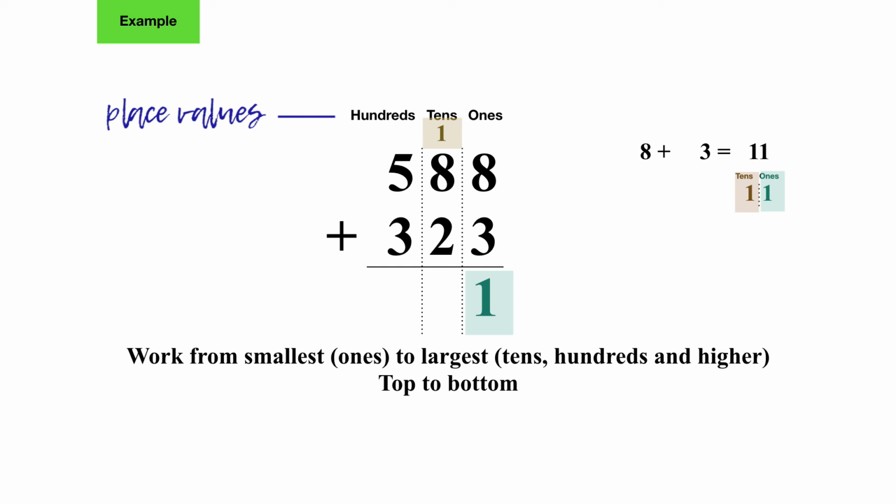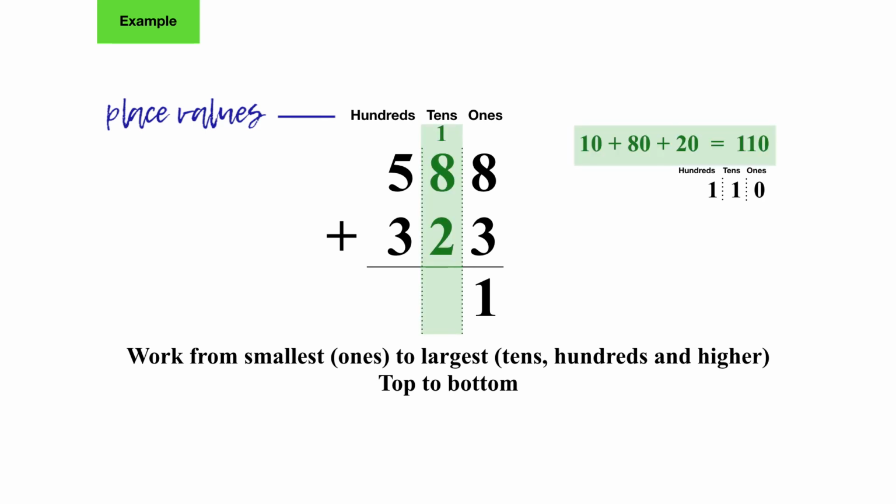And now I can proceed to adding up my tens. Remembering that I have to add up that extra 10 I have. So I'm now going to say 10 plus 80 plus 20 equals 110. Again, I've got another extra place value.